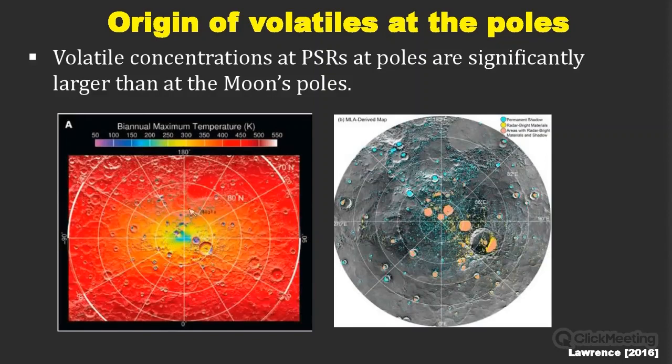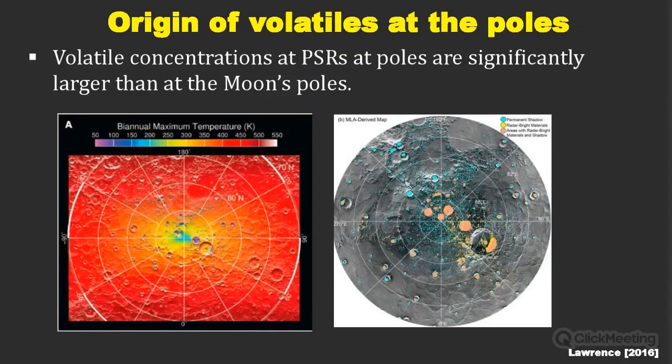So this is the north pole of Mercury, and there are certain regions which are permanently shadowed, never seeing sunlight for a very, very long time, a few billions of years. These are significantly larger than at the Moon's pole.